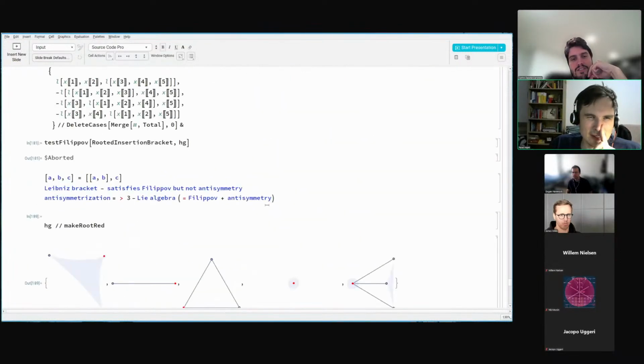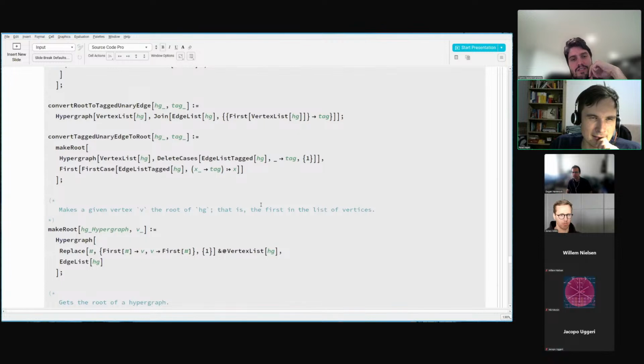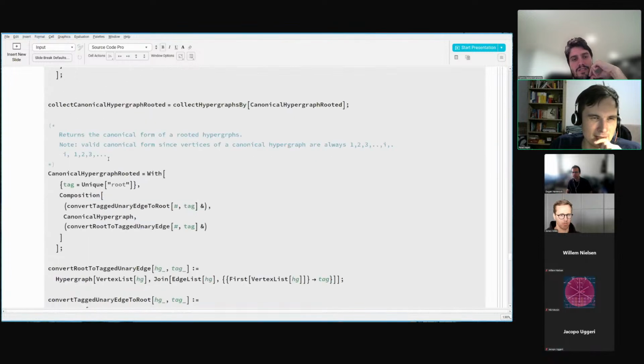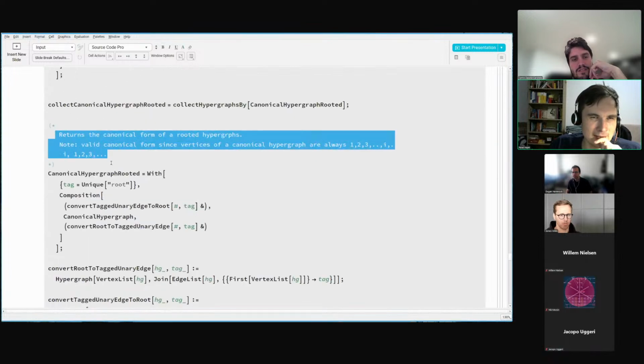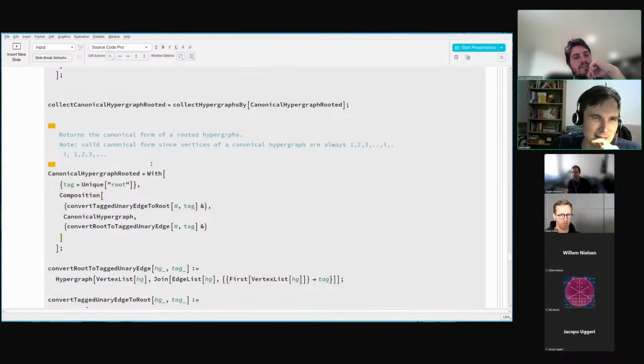actually, in this implementation there are some things which might require more thought. For instance, whether the canonical form is valid. It uses the assumption that a canonical hypergraph always has the vertices 1, 2, 3, and so on, which I hope is true because it's written in the Mathematica manual.